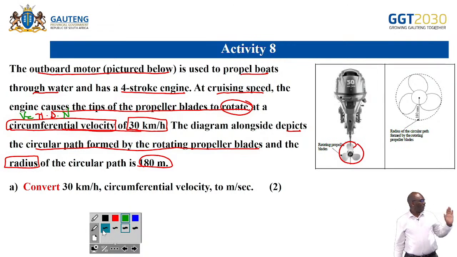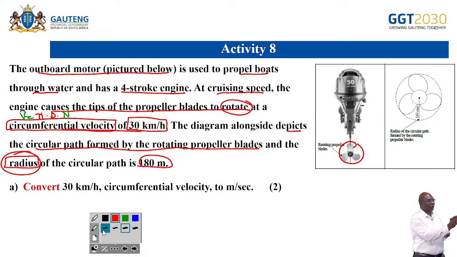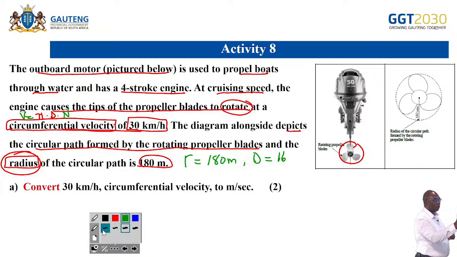Now I have my radius, but what do I need in my formula? I don't have a radius, I need a diameter. So the radius is 180 meters, but I need a diameter, so my diameter is going to be 360 meters. So that's my diameter. Remember, the diameter will be 2 times the radius.